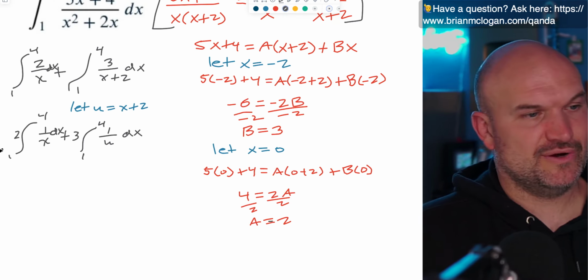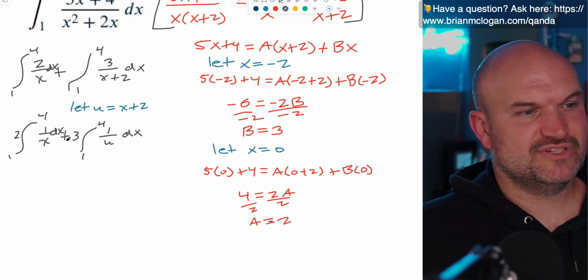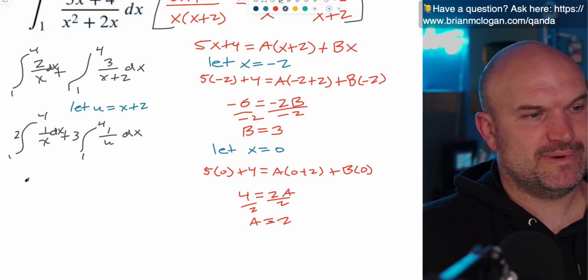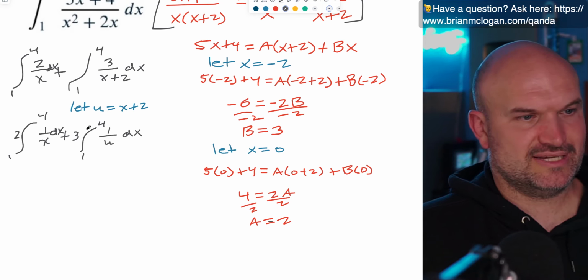So now let's integrate on both sides, and then we'll do the definite integral from 1 to 4. So make sure you include the dx. I'm going to be using u substitution here.